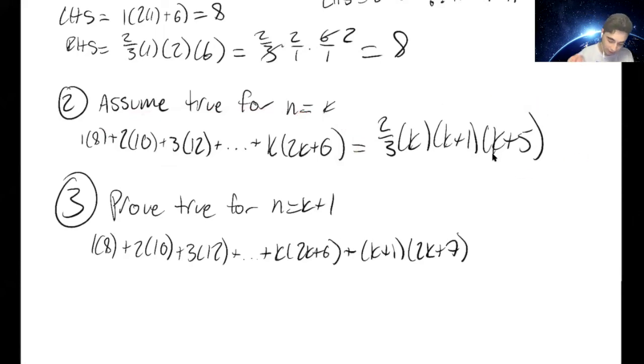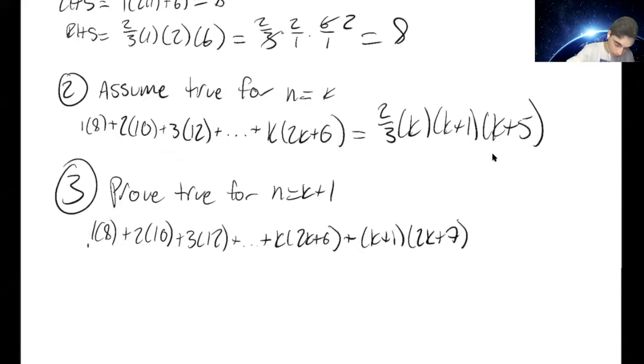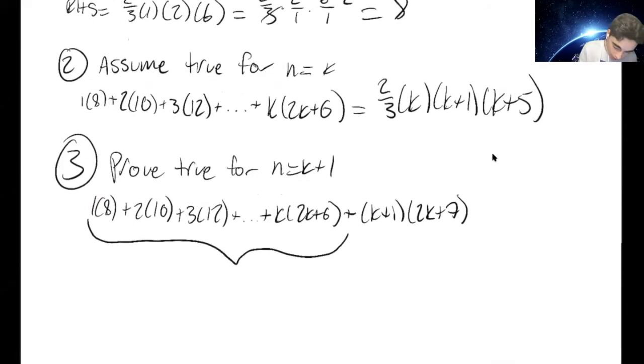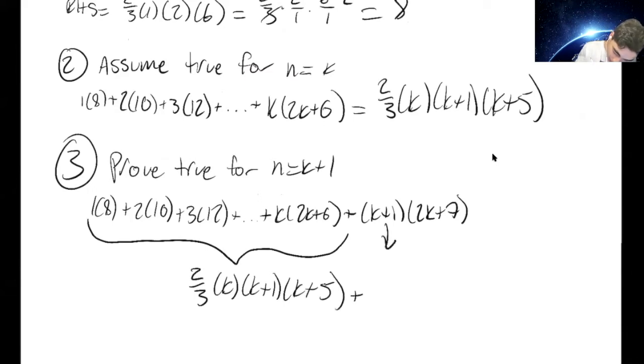Well, look at what we have in step number 3. We have all of this again, just plus one more value. So what can we do with that? You can plug this in: 2 over 3 k, k plus 1, k plus 5, and then now bring this down, plus k plus 1, 2k plus 7.